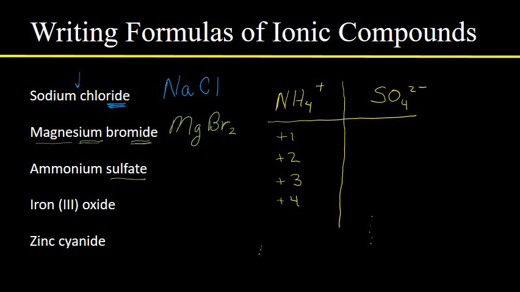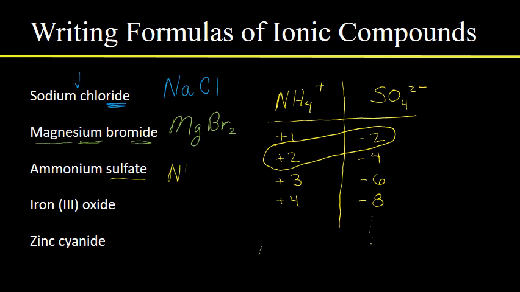For sulfates, 1 sulfate gives us a charge of -2. 2 gives us a charge of -4. 3 would be -6. 4 would be -8, and so on and so forth. And so the way we have to combine them together so that the charges balance is to have 2 ammoniums and 1 sulfate.